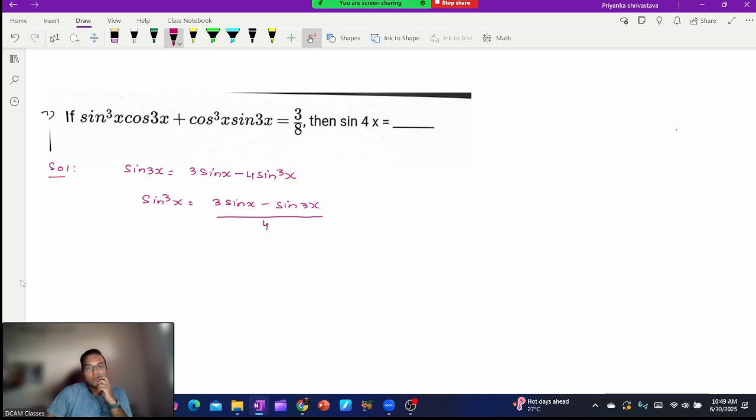Similarly, cos 3x is 4 cos cube x minus 3 cos x. So cos cube x will become cos 3x plus 3 cos x by 4.